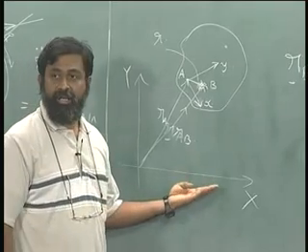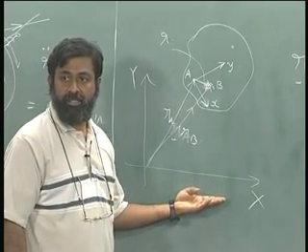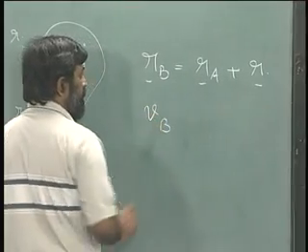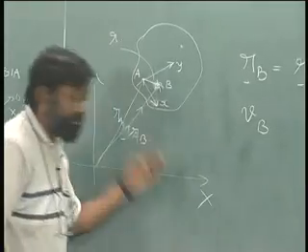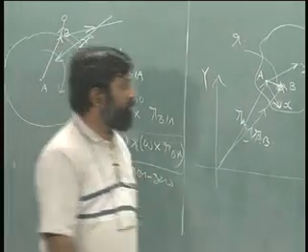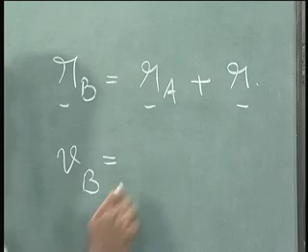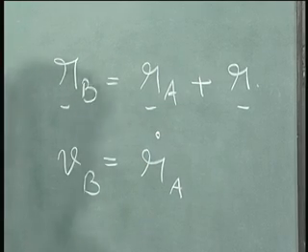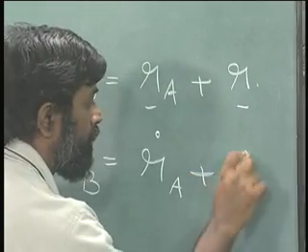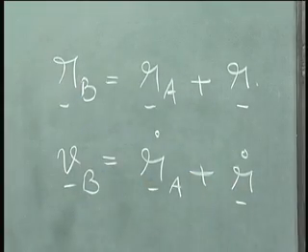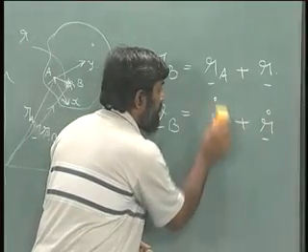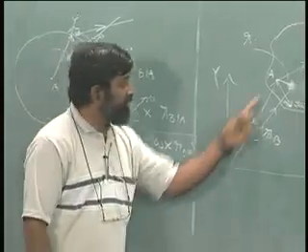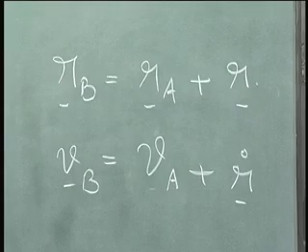Now I have to find out the velocity, and velocity is not very difficult. If I have to find out the velocity of this insect with respect to the fixed frame, it would be R dot A plus R dot. This is nothing but V A, because I have already defined R A with respect to the fixed axis.